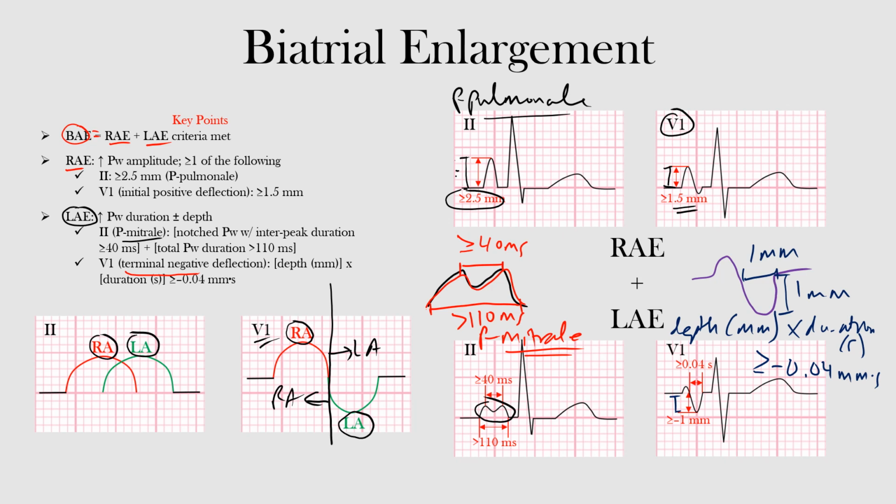And what we're saying here is that in order to make the criteria for biatrial enlargement met, we need to meet both of those criteria.